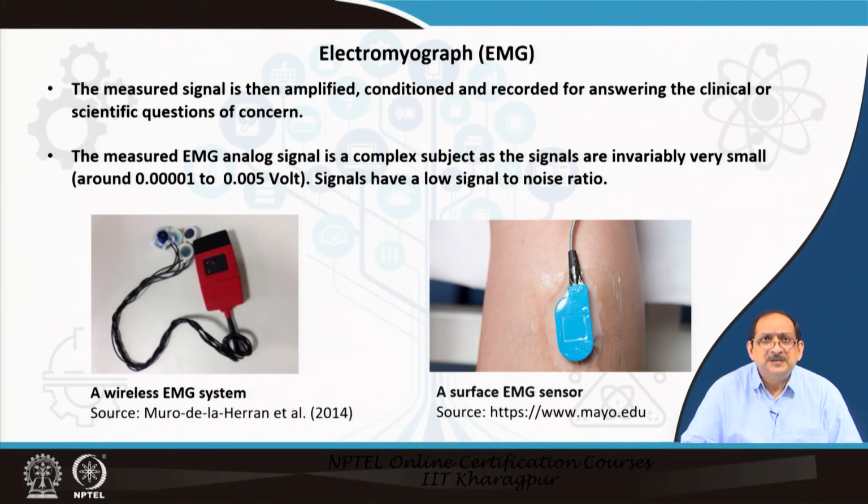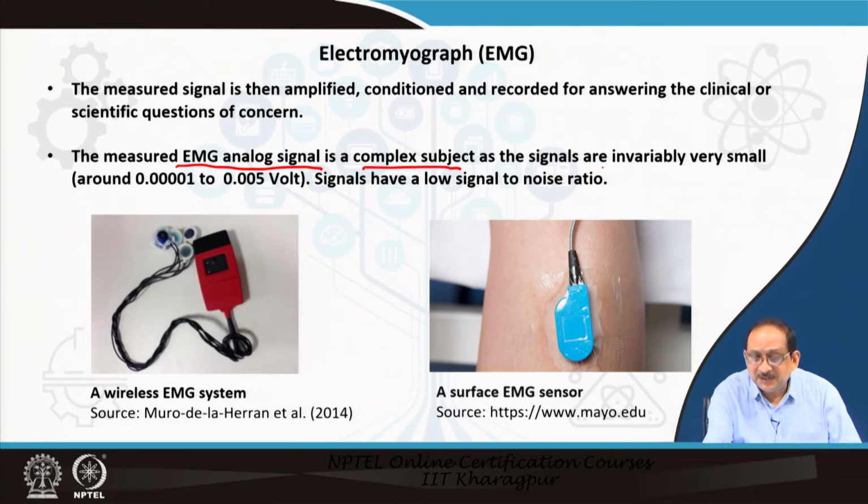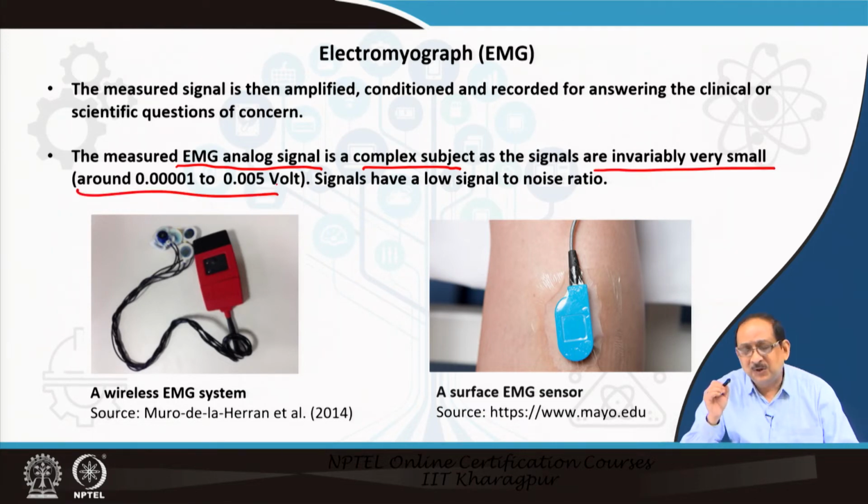The measured signal is then amplified, conditioned, and recorded for answering clinical and scientific questions of concern. The measured EMG analog signal is complex, and the signals are invariably very small, in microvolts or even less. So, the signals have a very low signal to noise ratio.